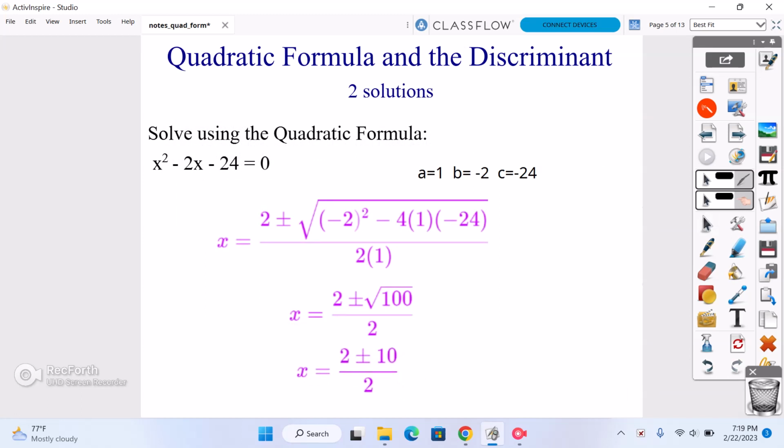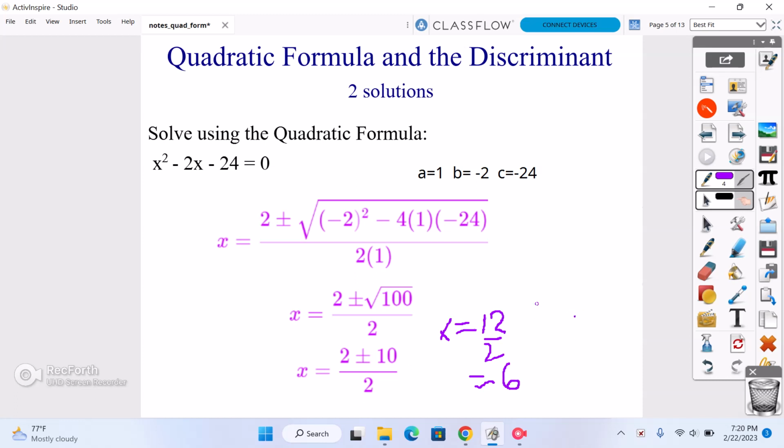And since we can actually do that, here's where we want to separate that out into 2 plus 10 divided by 2 and 2 minus 10 divided by 2. So x equals 2 plus 10 would give us 12, divided by 2, which is going to give us 6. x equals 6.